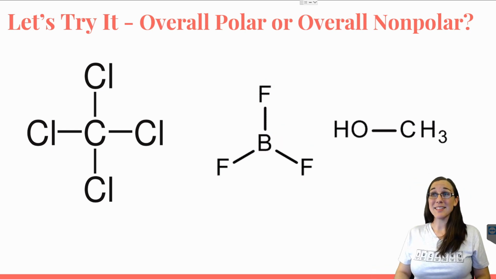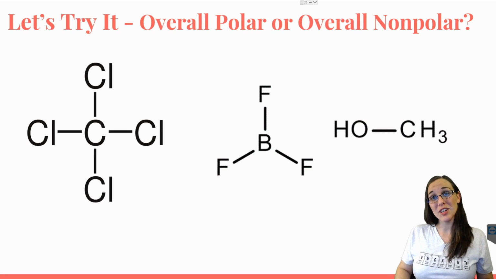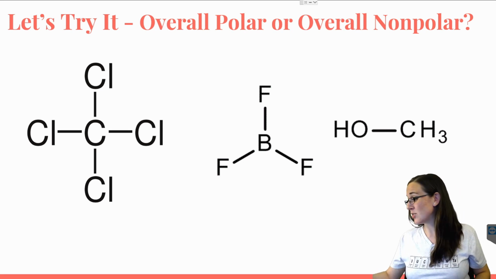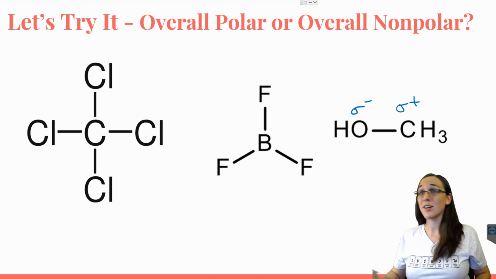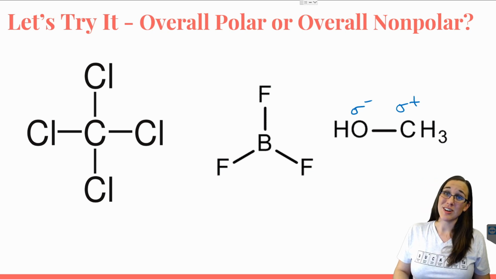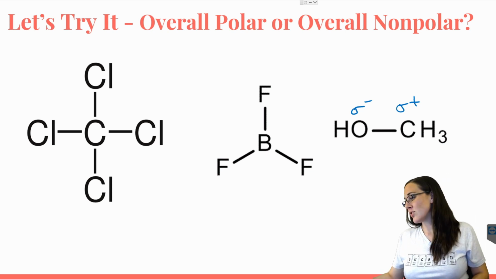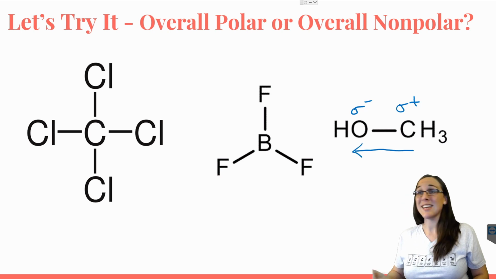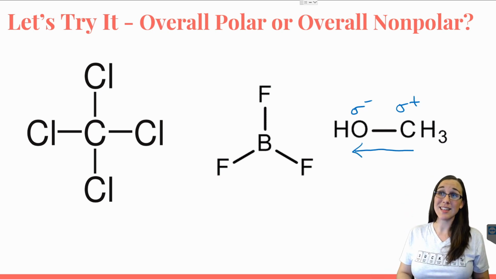How about the last molecule? The last molecule shows a bond between oxygen and carbon, and that's the one we're going to focus on. Between oxygen and carbon, oxygen is the more electronegative atom, so we're going to put a slightly negative on oxygen, and on carbon we'll put a slightly positive. Between those two, the electrons want to hang out with the electronegative atom, so all the electrons think that oxygen's pretty sexy, so they're going to go towards that oxygen.